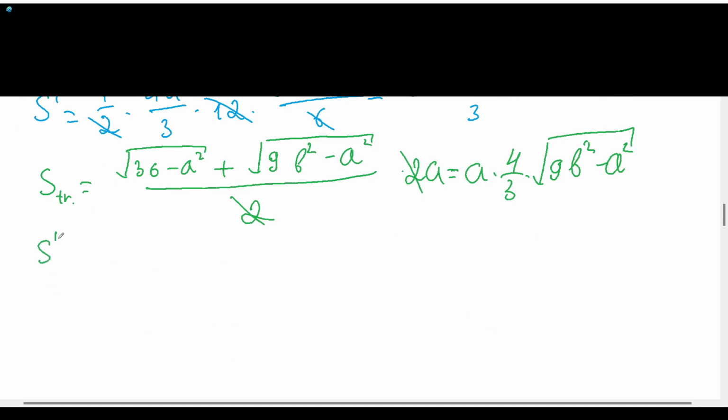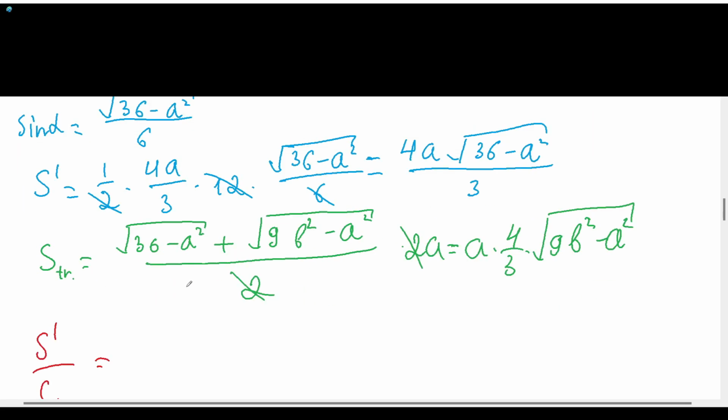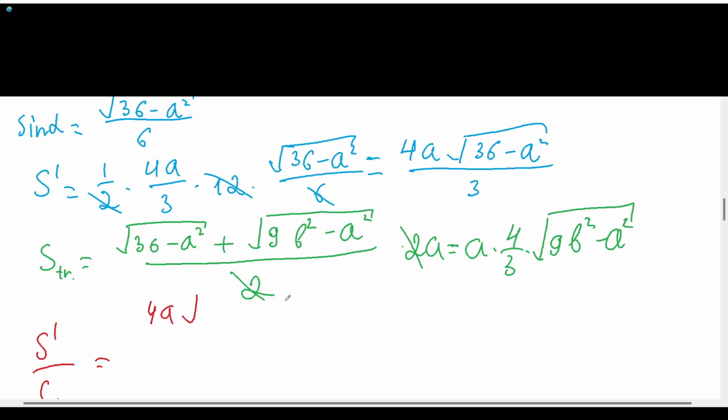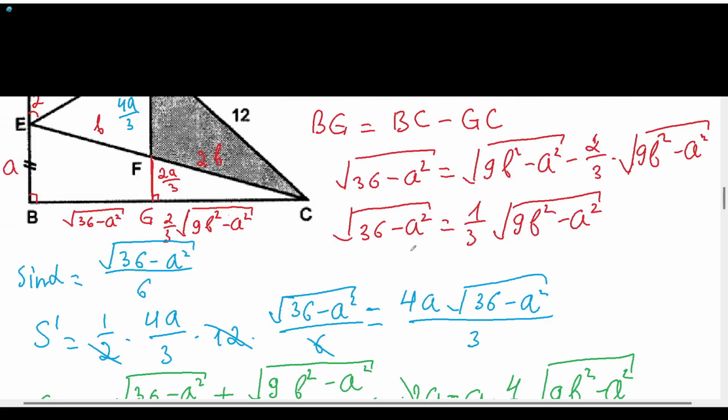We have to find the shaded area over the area of the trapezium, and it will be equal to this one: 4a times the square root of 36 minus a squared. We can plug this one again instead of 36 minus a squared.